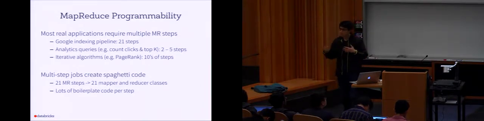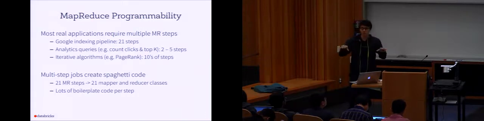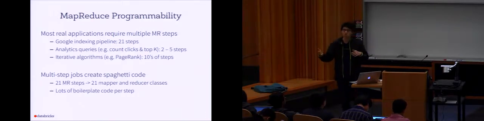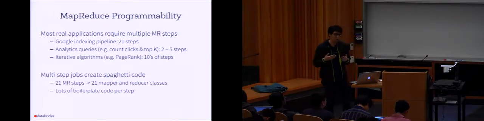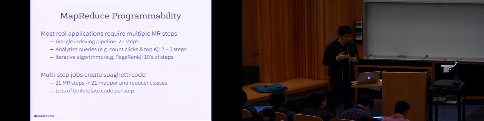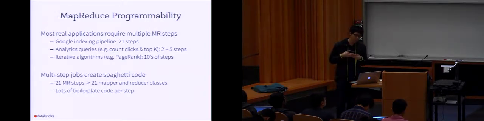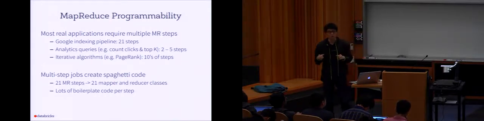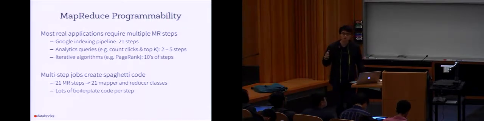It turned out MapReduce as a lower level framework is great. But if you're using MapReduce directly, it's fairly frustrating to use for a couple of reasons. The most important reason is that any real job other than word count, which is the hello world of big data, typically requires more than one MapReduce.